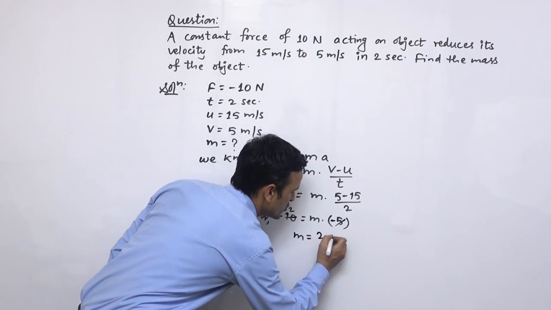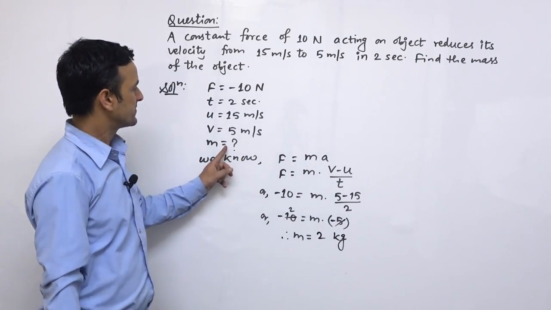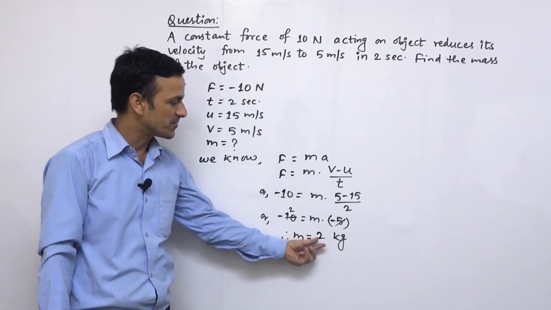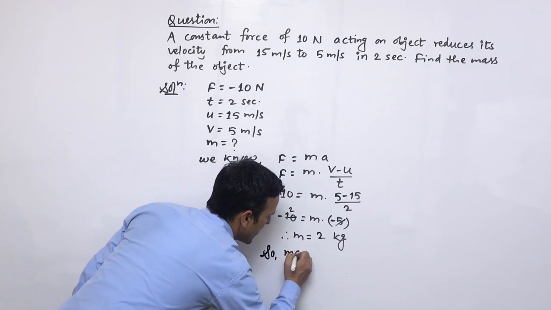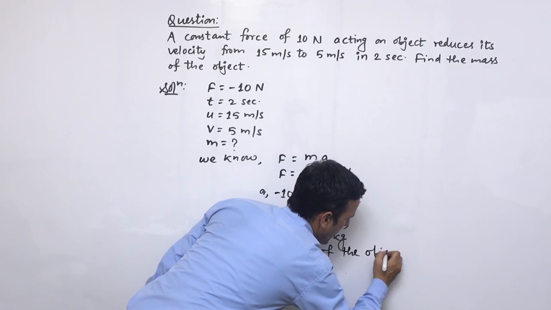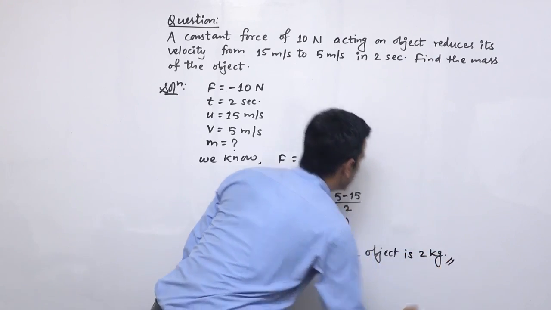So mass is 2 kg. This is the answer, the required solution for the mass of that object. Therefore, the mass of the object is 2 kg.